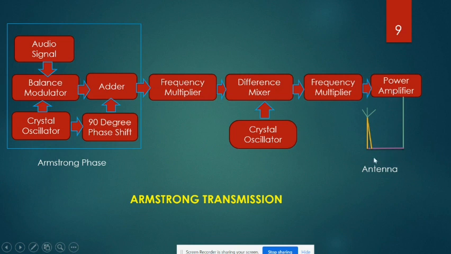Then it goes to the antenna, which is used to transmit the signal in the form of electromagnetic waves. The power amplifier is used to amplify the resultant signal, because the amplitude of the resultant signal is not enough to be transmitted a long distance. Now this is the Armstrong transmitter block diagram and its working principle.